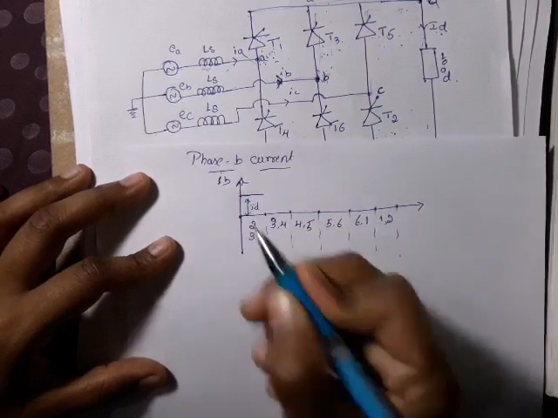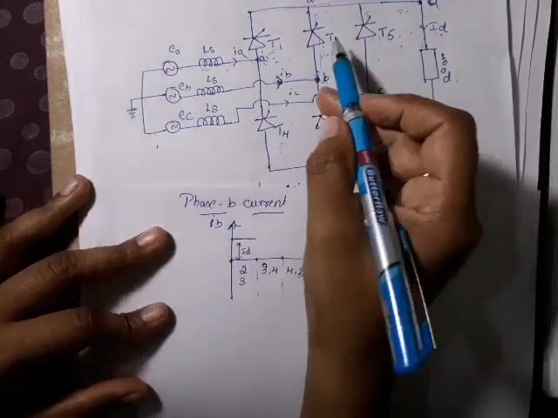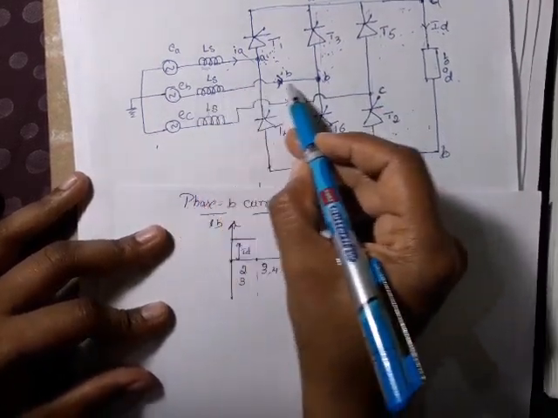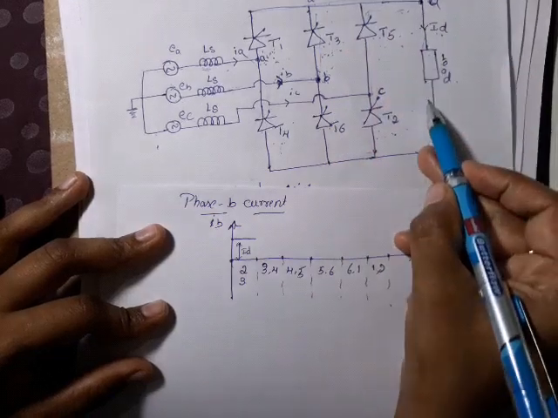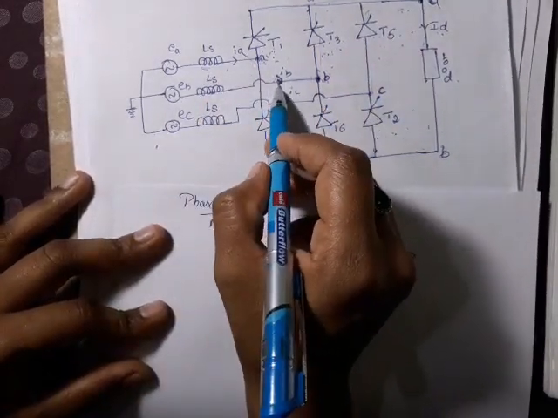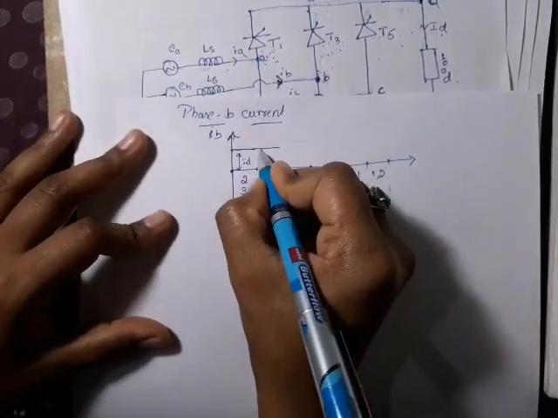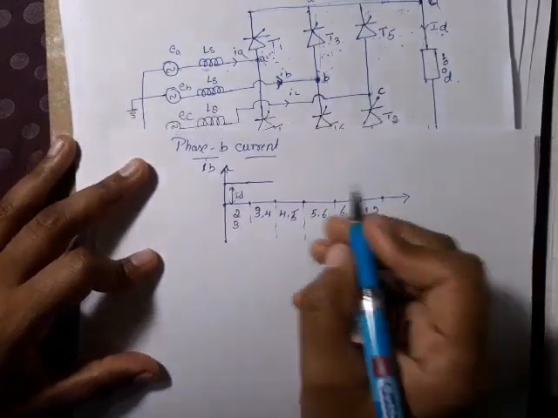When 3 and 4 are conducting, the current flows like this and comes back. Here also the direction of IB and ID is the same, so IB is positive, equal to ID.